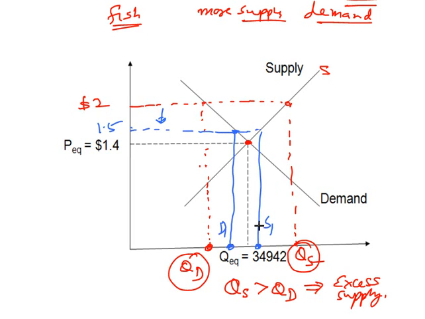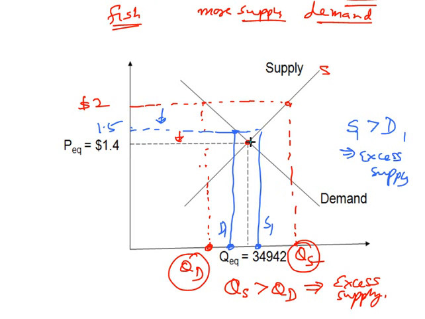You still see that the supply is greater than the demand, so you still have a case of excess supply.